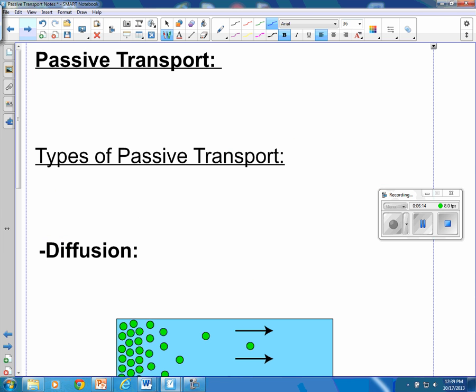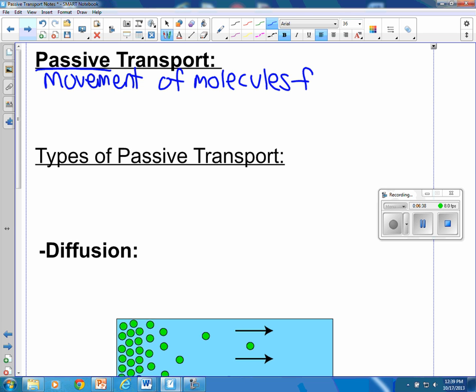So let's talk about spraying perfume in class. Do I use energy to get the people in the back to smell it? No, it naturally goes that way. It has to transfer. It's when there's a movement of molecules from a high concentration to a low concentration.